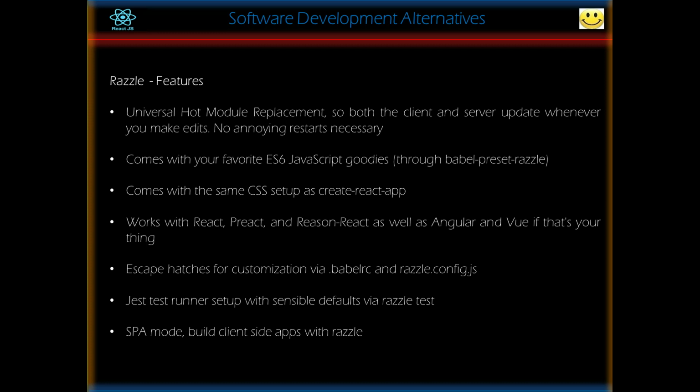Works with React, Preact, and Reason React as well as Angular and Vue if that is your thing. Escape hatches for customization via Babel RC and Razzle.config.js. Jest test runner setup with sensible defaults via Razzle test. Single page application mode, build client-side application with Razzle.